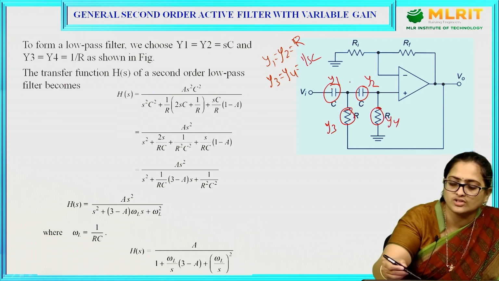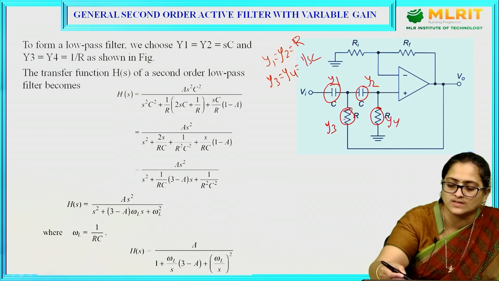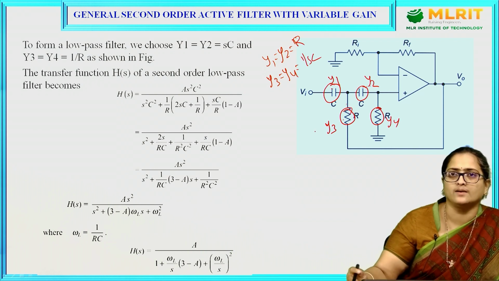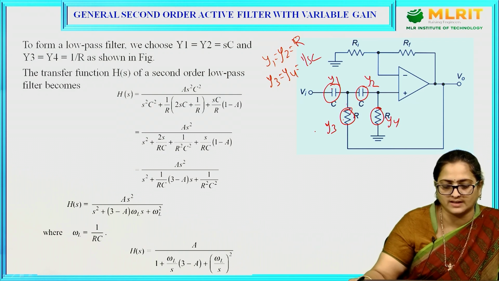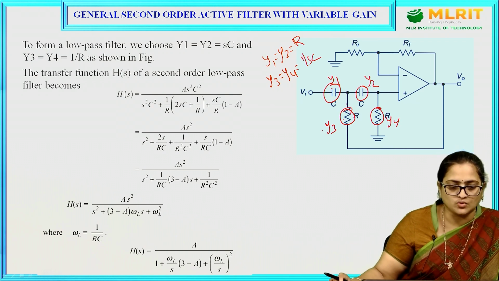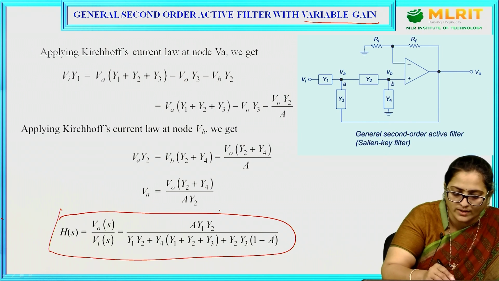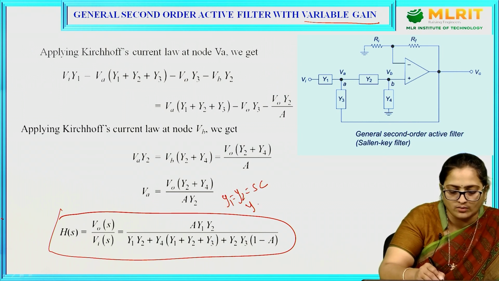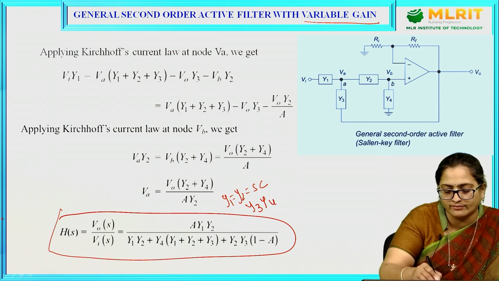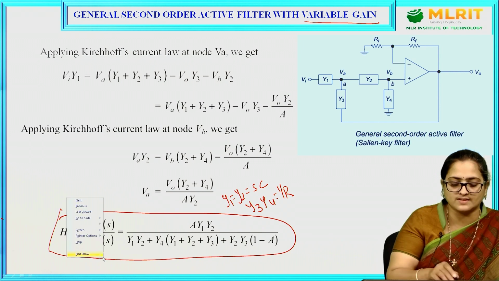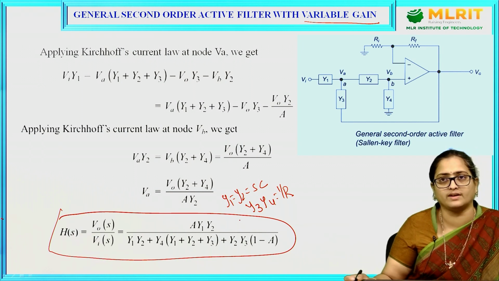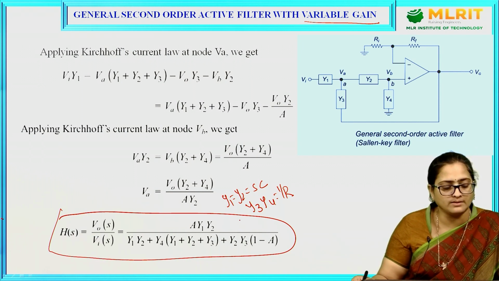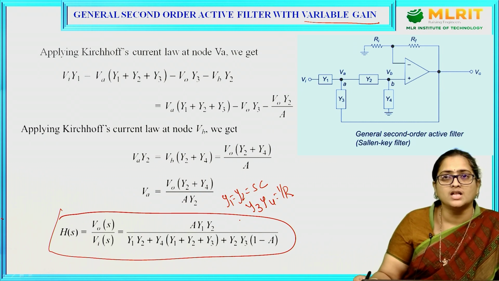Simply by interchanging y1 and y2, that is capacitors with the resistors and resistors with the capacitors, the second order high pass filter can be designed. Now, by substituting y1 and y2 as SC and y3 and y4 as 1 by R, you can determine the transfer function. This is a generalized transfer function for a second order filter, either a high pass filter or a low pass filter.